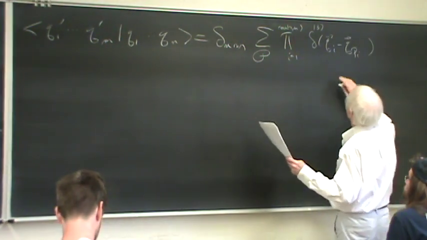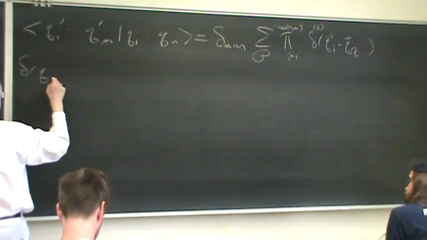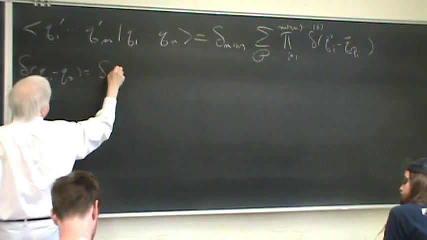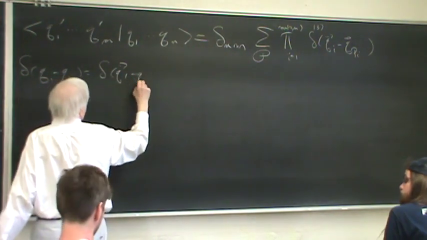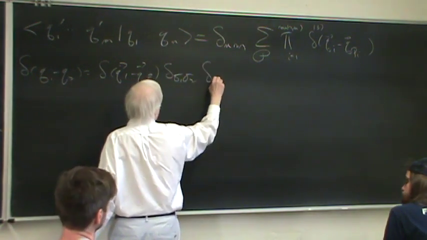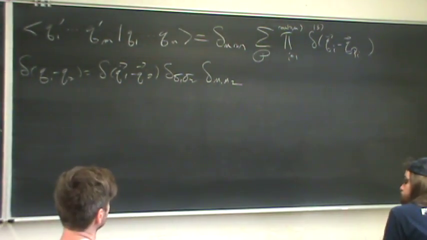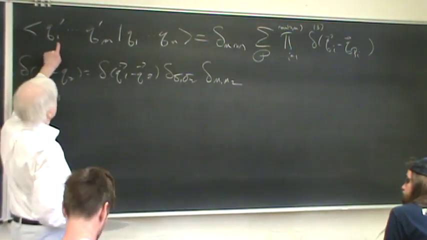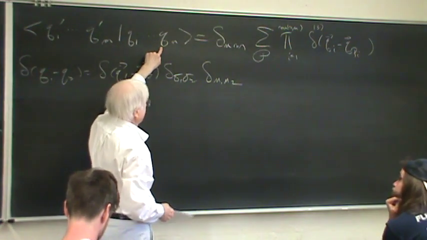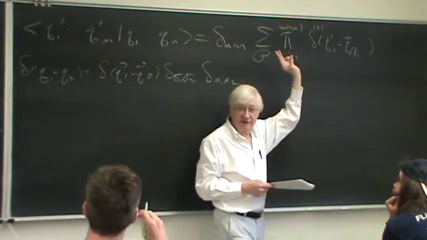And where delta of Q is, so Q1 minus Q2 is delta of the 3 momentum Q1 minus 3 momentum Q2, delta sigma 1, sigma 2, delta type 1, type 2. In other words, it might be electron neutrino here, it might be neutrino electron here for a two-particle state. But if they have the same momenta, then you get something around 0 here when you permute 1 and 2.